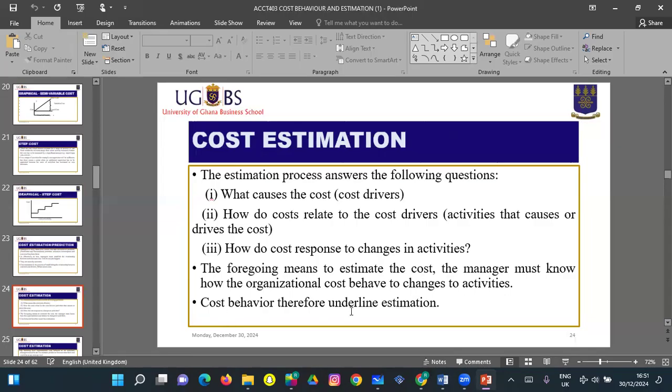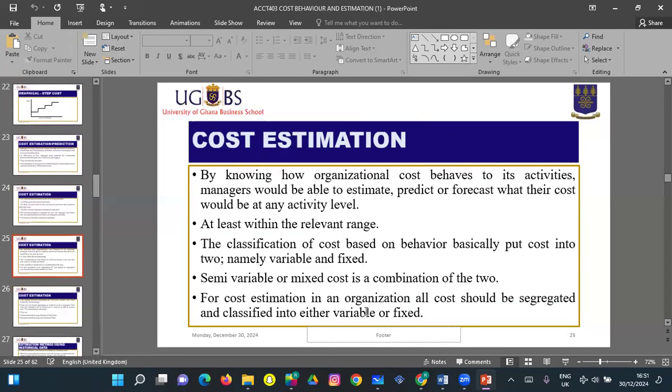Cost behavior therefore underlies estimation. By knowing how organizational costs behave, managers would be able to estimate, predict, or forecast what their cost would be at any activity level, at least within the relevant range. So all our predictions that we'll be doing today will be within the relevant range, not outside it.